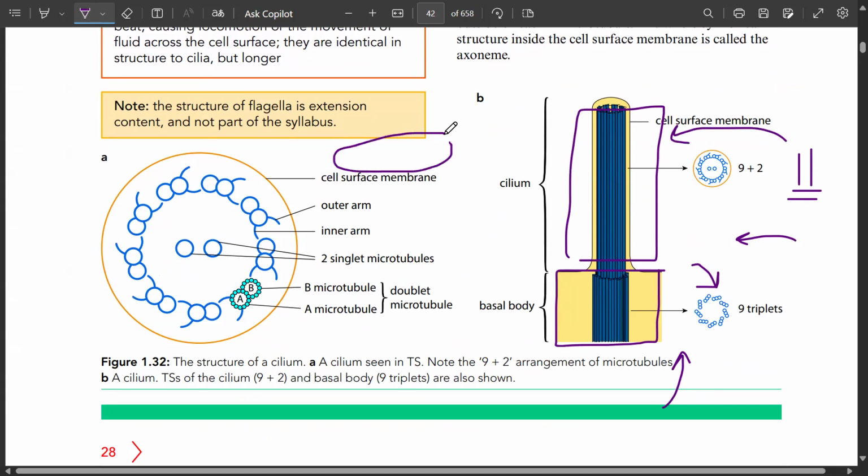This is a cell, let's say. The flagellum starts something like this and then becomes thinner. So this part contains 9 triplets of microtubules. This part contains 9 plus 2. Got it?